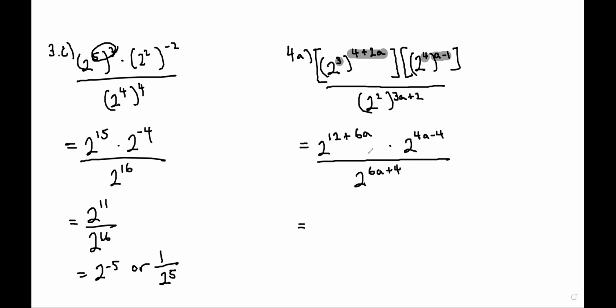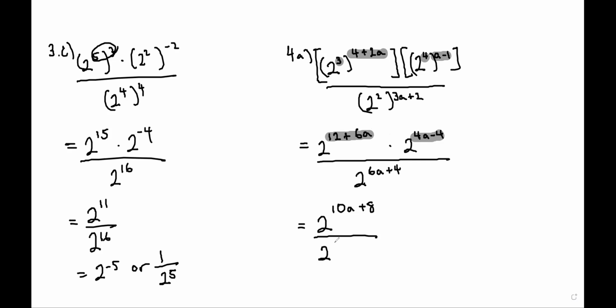Okay. And again, I have the same base. So the exponents, so the powers rather, are going to add. 6 plus 4a, that's 10a. 12 with the minus 4, that's a positive 8.